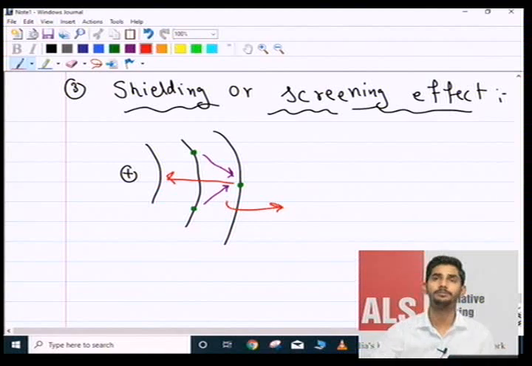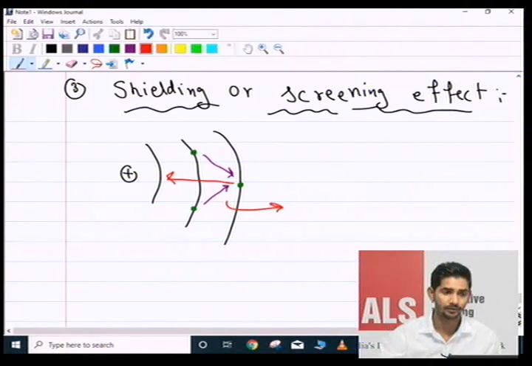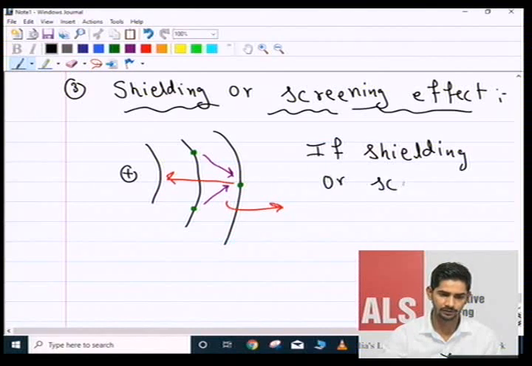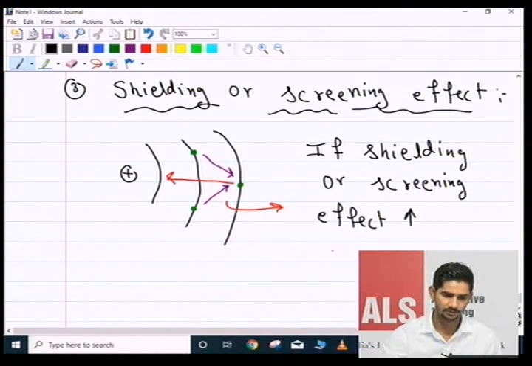I think I'm clear with my statement. You tell me, have you got this concept? I have to write this one. If shielding or screening effect increases, ionization energy decreases.